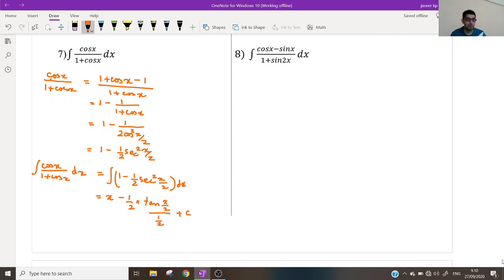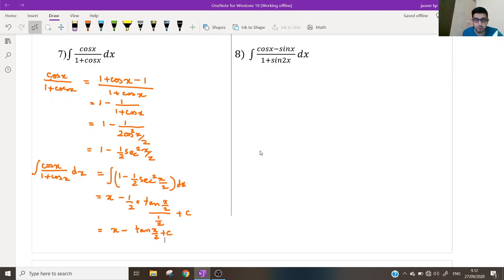So this 1 by 2 and 1 by 2 will get cancelled. So the answer is x minus tan x by 2 plus c. So this is the integral of cos x divided by 1 plus cos x.